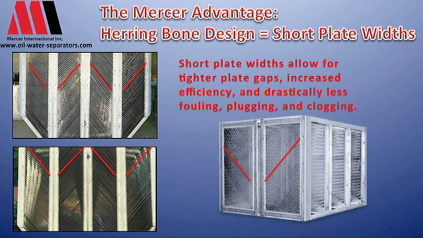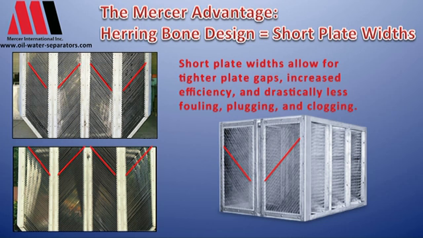The other thing we do differently than most of our competition is we have a herringbone design. In this case, with one pack width, a small unit, it's a V. On a larger unit, you'll be able to see that it's a herringbone where the plate system is set up this way.